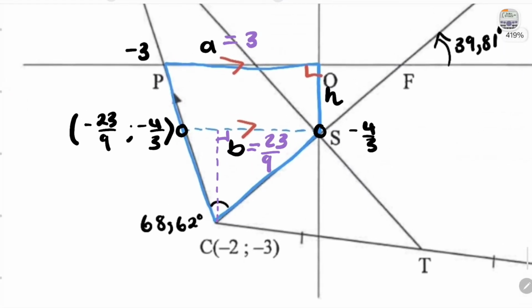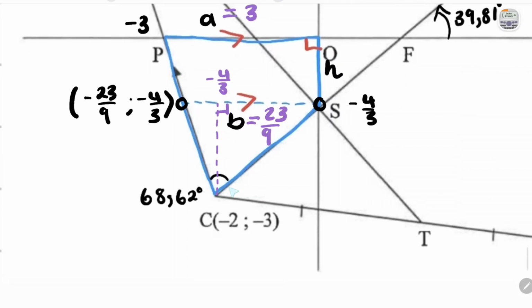And we already know the y value of this. The y value is negative 4 over 3 all through here. So we have a negative 4 over 3 here. And then we can see that the y value at the highest point of this triangle is negative 3.